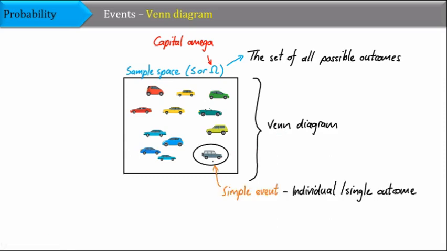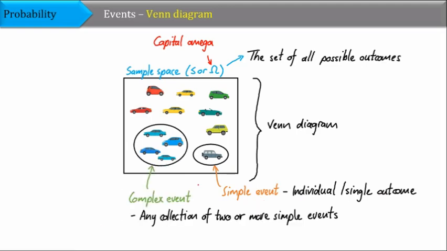Now if we select one element in here, then we'll call that a simple event or an elementary event. So a simple or elementary event is an individual or single outcome. There's only one element.